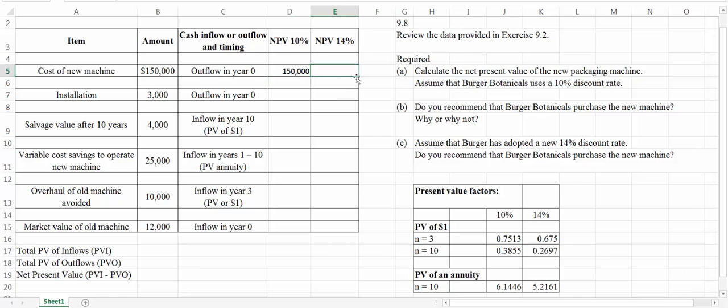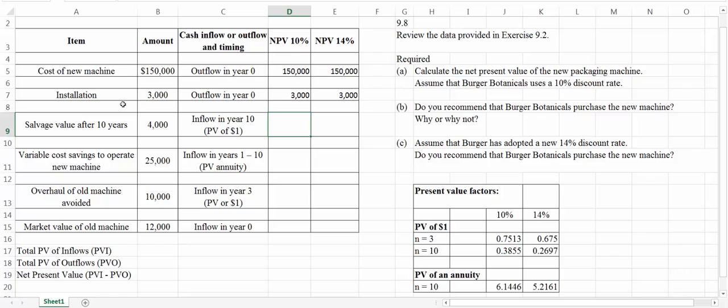I'm going to put that $150,000 in both places since we have to do this at 10%, and then later it asks us to do it at 14%. Next is the installation, which also happens in year 0, so we're going to put that in both places again. So the total outflows related to the purchase are going to be $153,000.